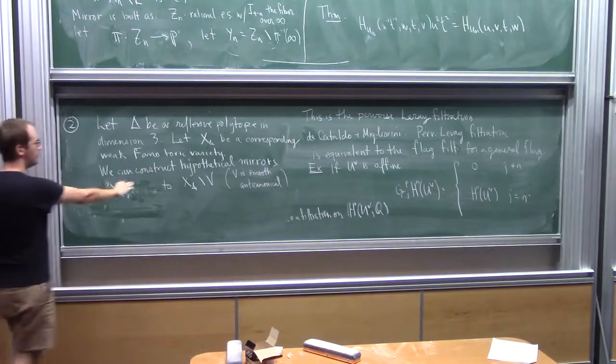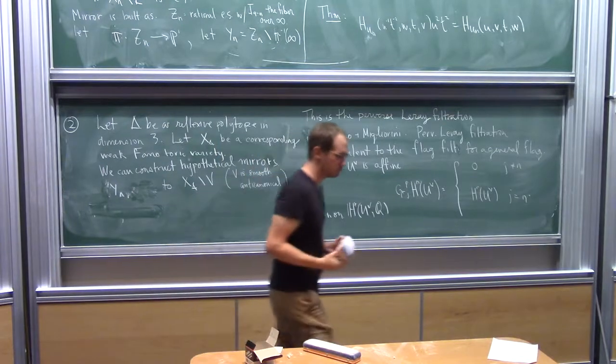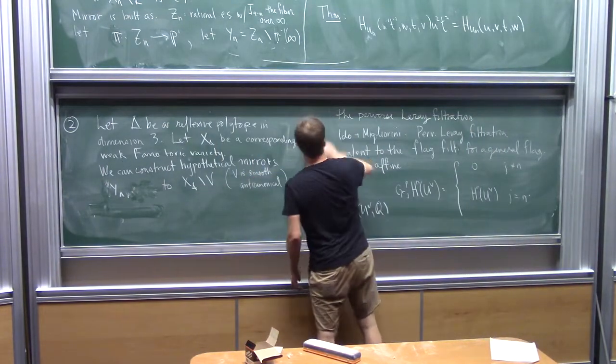Yeah, okay. Great. So we have some sort of hypothetical mirror, and I'll just describe, in very little detail, that you can actually prove the same thing holds in this case.